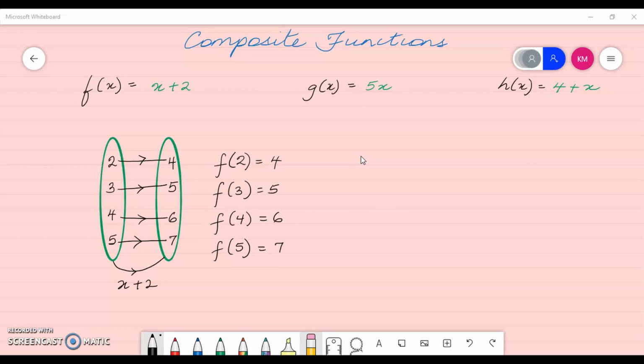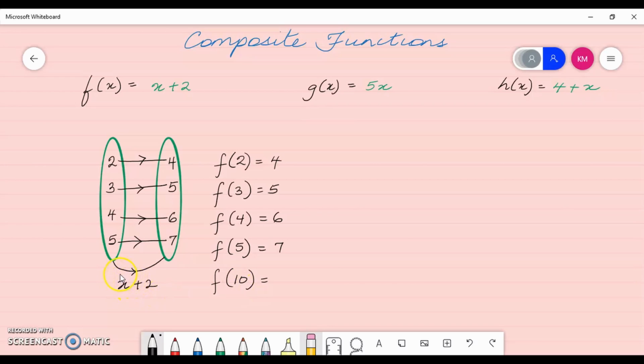So let's say they had asked us to find f of 10. What we would do is take that 10, which we know we can find in our domain, and simply add it to 2, because this 10 is telling us that x is equal to 10.